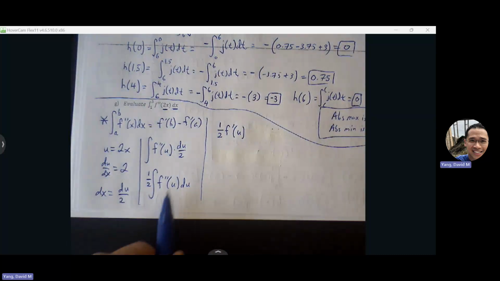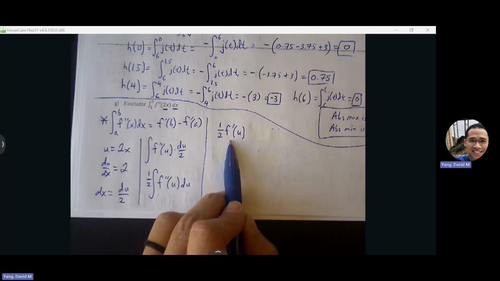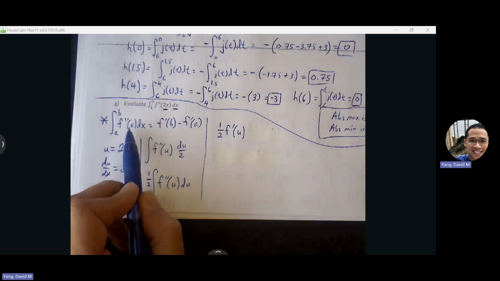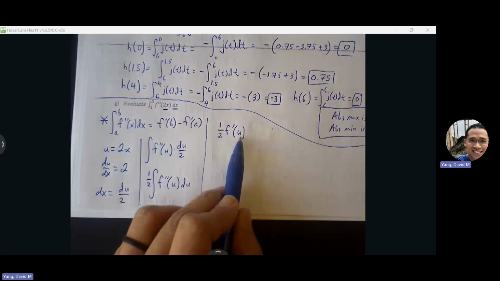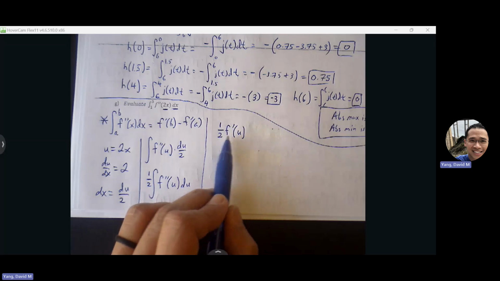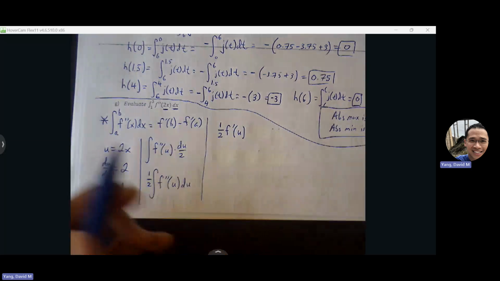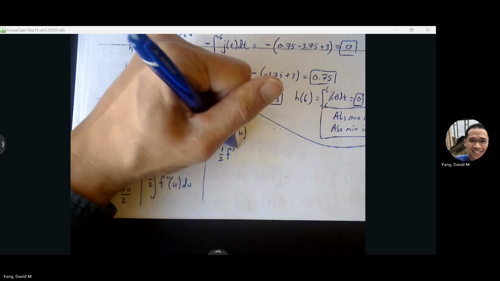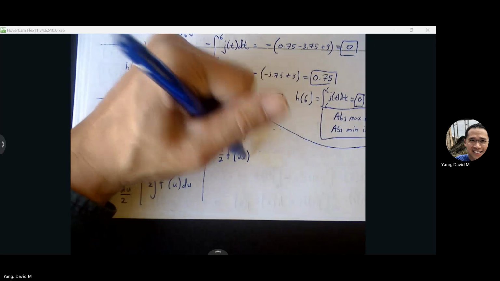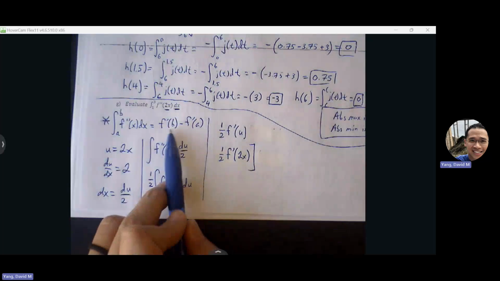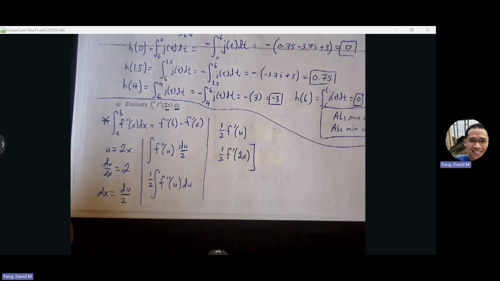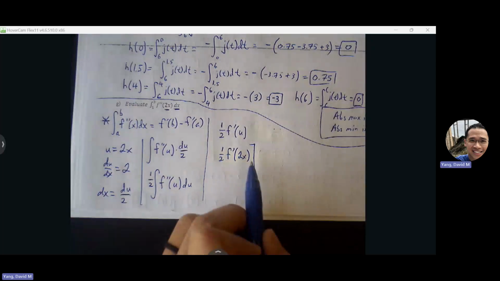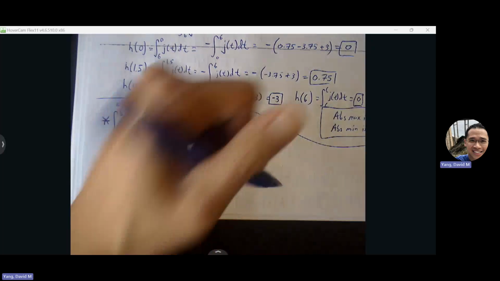So we know f double prime will just rise up to f prime, right? But then let's worry about the bounds a little bit later. Let's replace the u back in terms of x. Right, and now let's do half bracket, and then we can worry about plugging in our upper and lower bounds, now that my variables are both in terms of x.